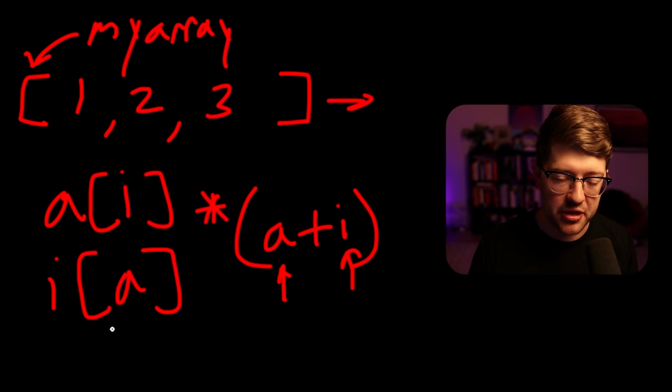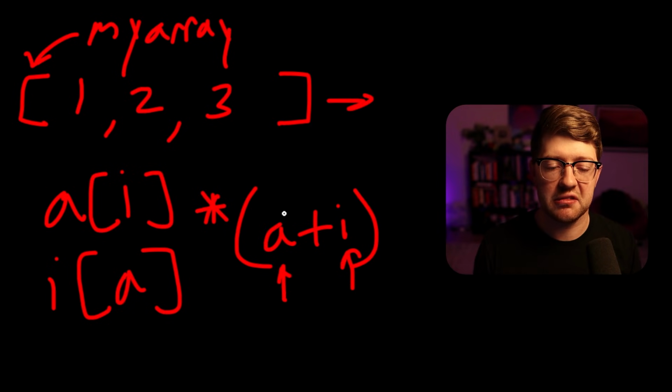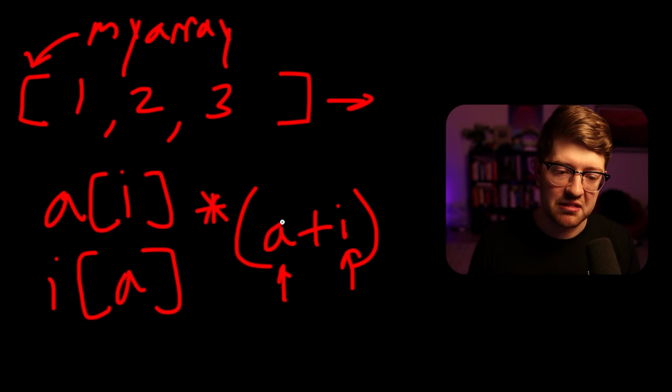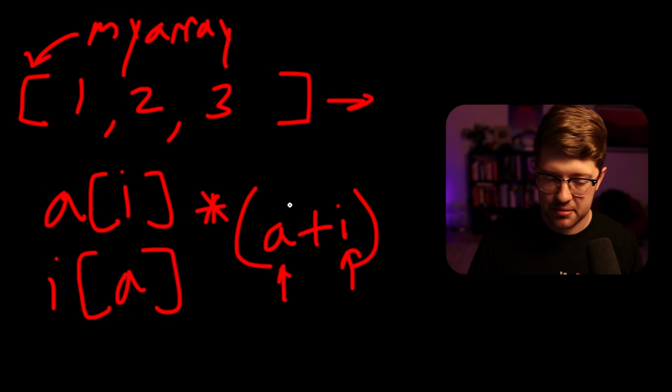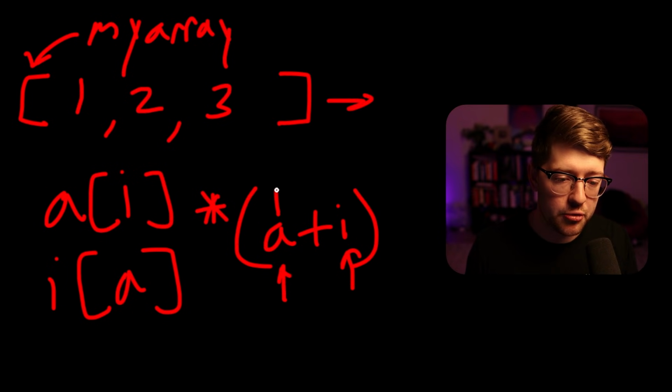Now, if I were to flip these, if I made a the index and I the base, at the end of the day, internally, one of these is still a pointer. What's happening internally in the compiler is it's taking the value that is the integer type, the non-pointer type, and it is upgrading it to the index. So it's multiplying it times 4.